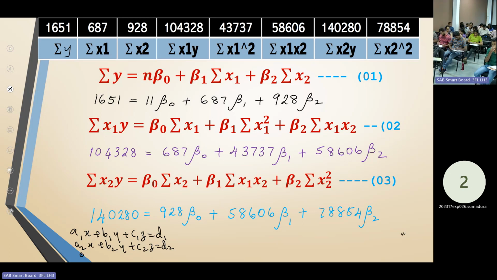And the last one is A3x plus B3y plus C3z equals D3. So that's how the values will be.